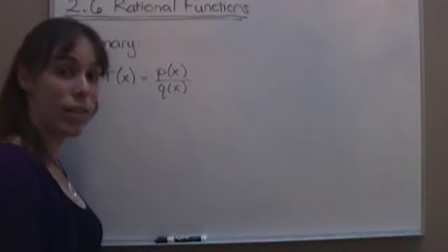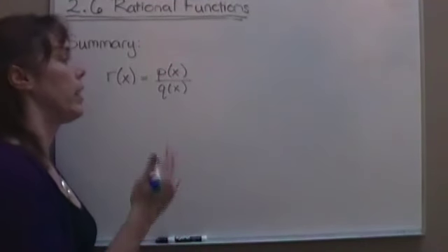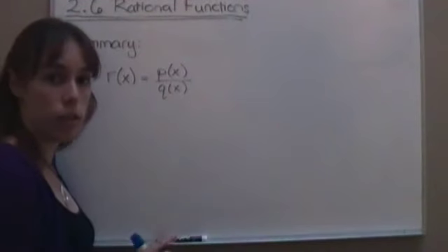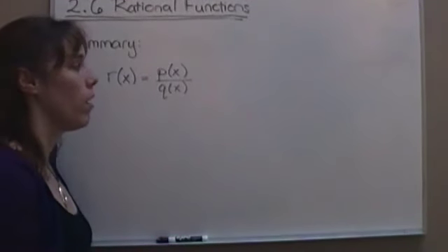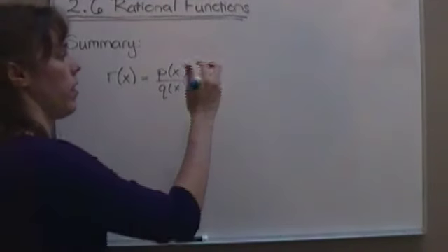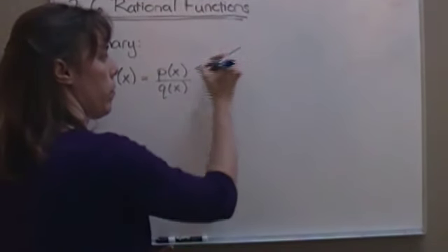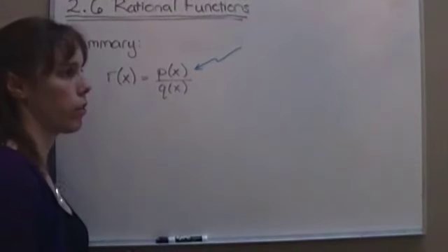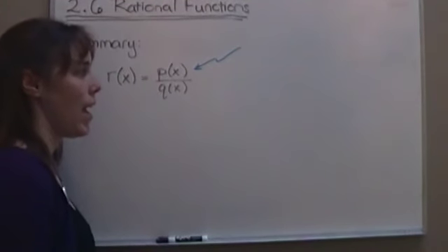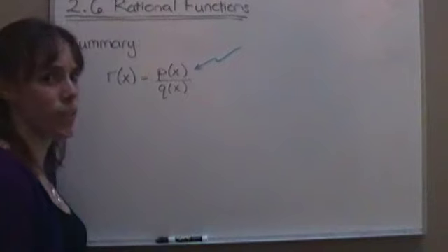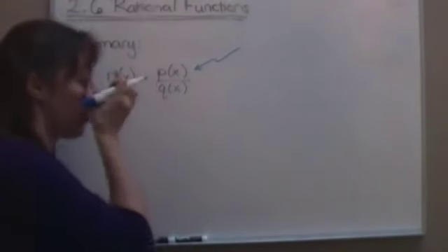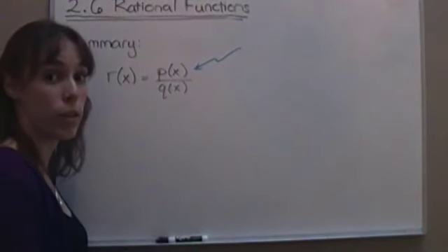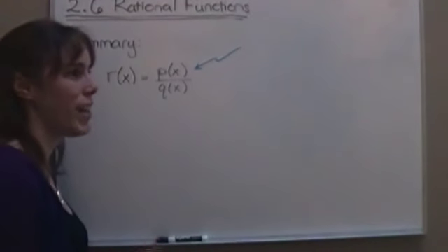Alright, so let me summarize this for you a little bit. Say we have more complicated functions, or even the linear functions we were talking about before. If you take this top function, the polynomial, and it turns into 0, right? So I plug in an x value that makes the numerator equal to 0. What am I going to get on the graph?